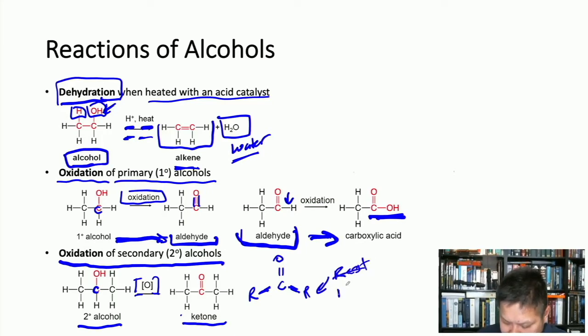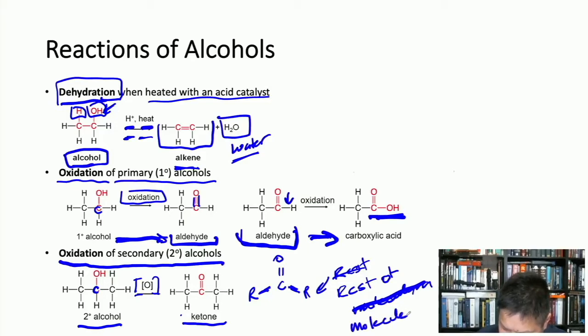Oops. Rest of molecule. Molecular? No. There we go. Rest of the molecule. God dang it. It looks really bad on the screen. Let me write that out again. Rest of the molecule. That doesn't look right either.